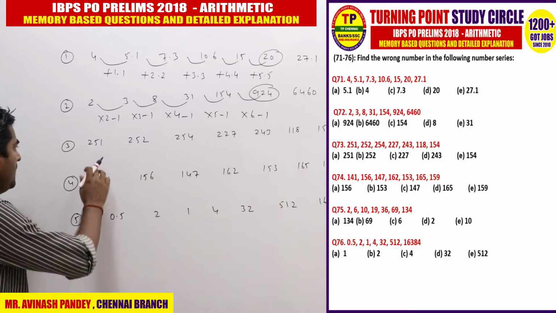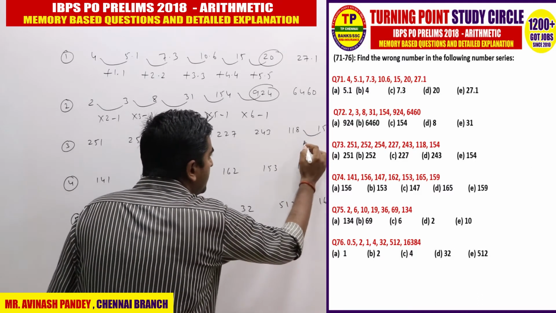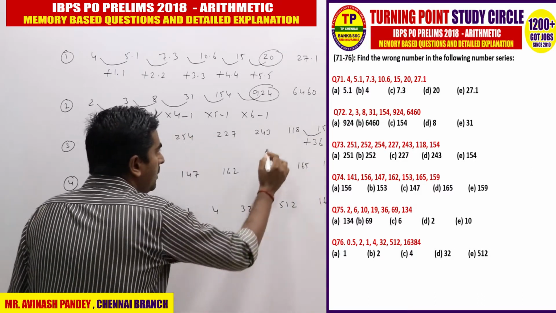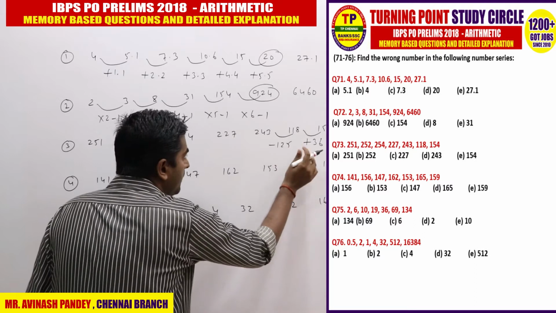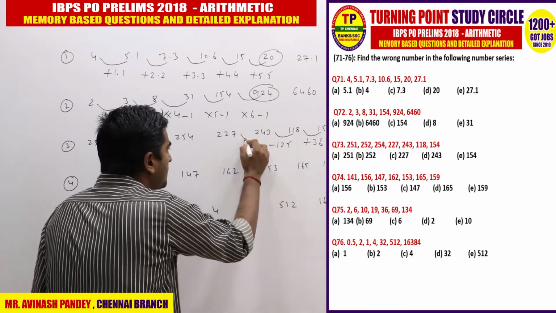Third one, 251, 252, 254, 227, 243, 118 and 154, right? So here multiplication logic won't be there. It is nothing but a difference based series, right? Here how much difference is there? Plus 36. Here minus 125. This is nothing but plus 6 square. This is nothing but minus 5 cube. What about this number?